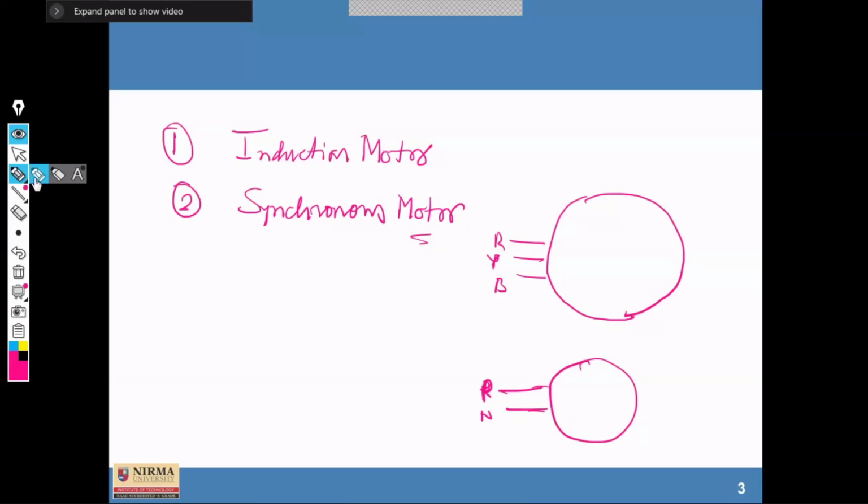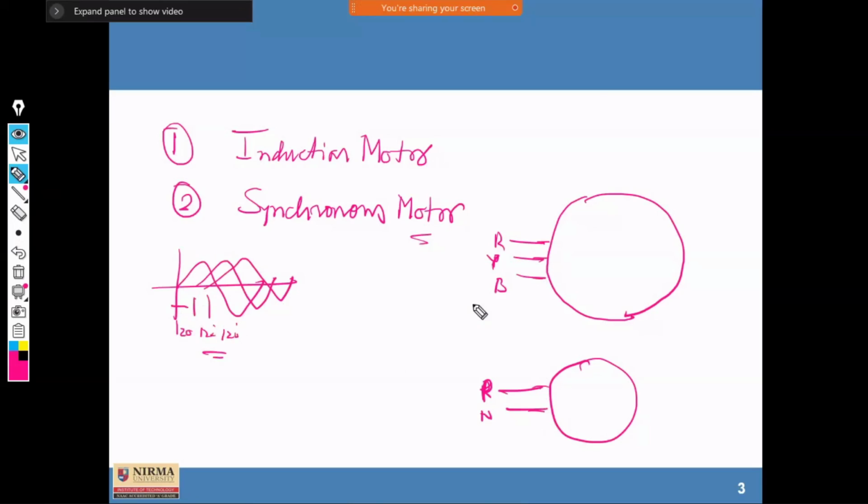So in this case, when three-phase supply is given, we know that the voltages are 120 electrical degrees apart in phase, right? So what happens is that due to this phase difference, a revolving magnetic field is created.